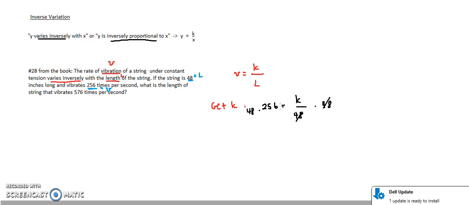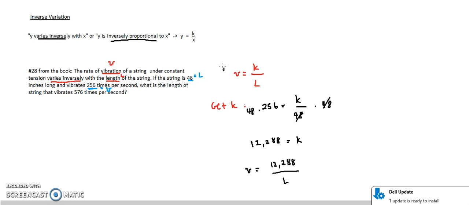And we've got 48 times 256, and that should give us 12,288. Okay, so our K is 12,288. That's kind of big, but that's okay. Let's go ahead and put that into our equation. And we're going to have V is equal to 12,288 over L.